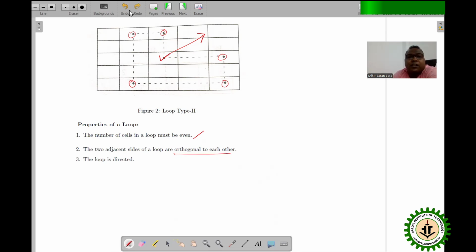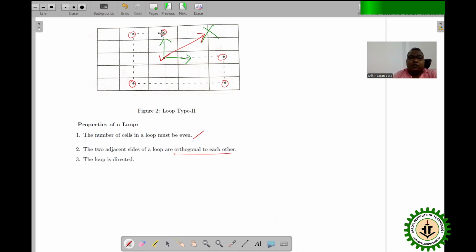Your direction will be either in this way or in this way, not in this way. You will approach in the orthogonal way.